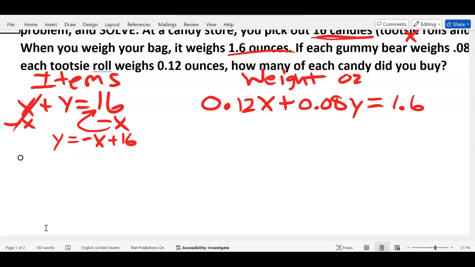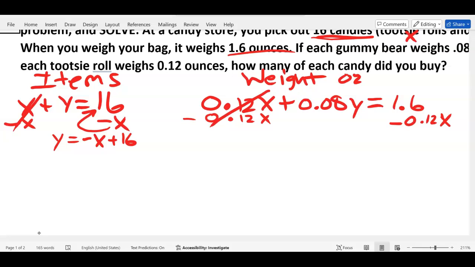Now look, we're going to solve for Y, so I need to get rid of that positive 0.12x. What's the opposite again? Minus 0.12x. Both sides. Cancel these out.